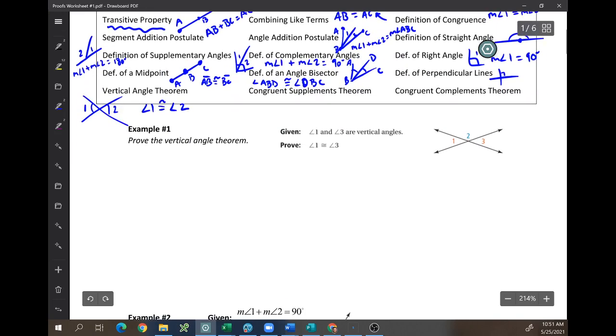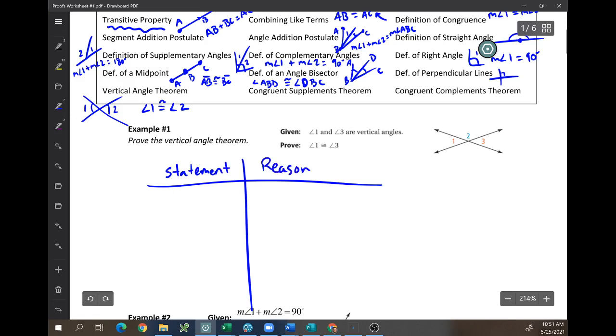Example 1 is asking us to prove the vertical angle theorem. So I'm going to make a statements and reasons. So if I'm proving the vertical angle theorem, I can't actually use it. Okay, so I'm given that angle 1 and angle 3 are vertical. I'm going to put a 1 here.